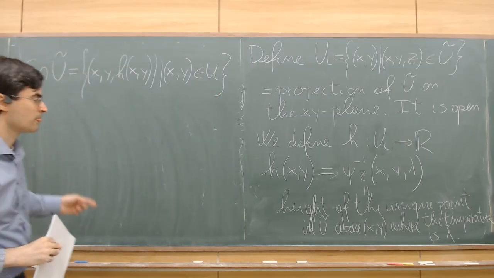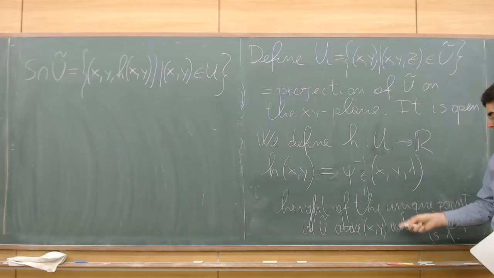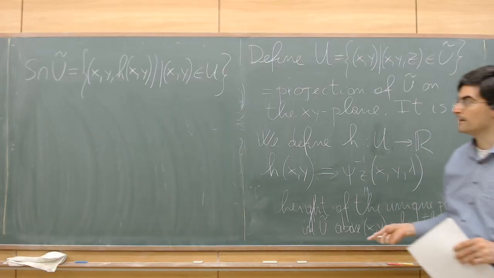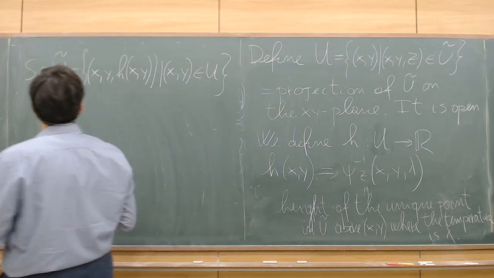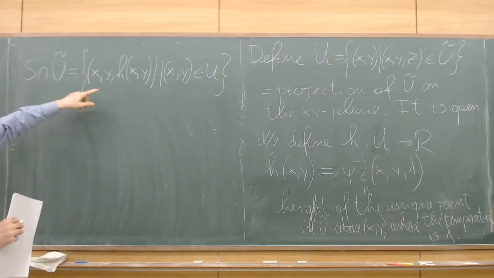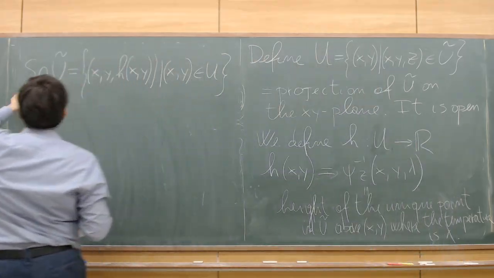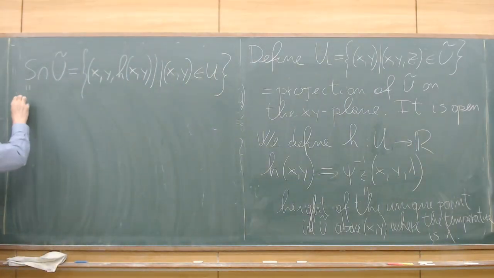Why? Because H has been defined this way, and the surface S is the pre-image of lambda.